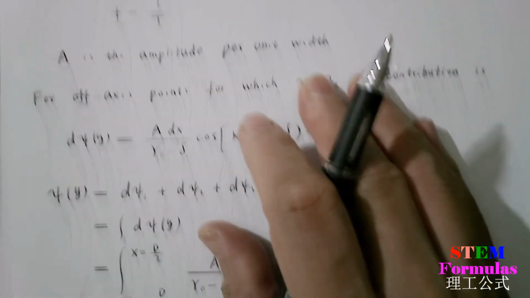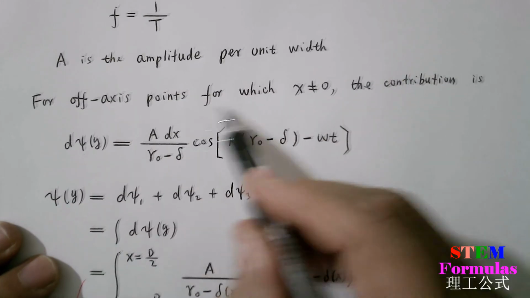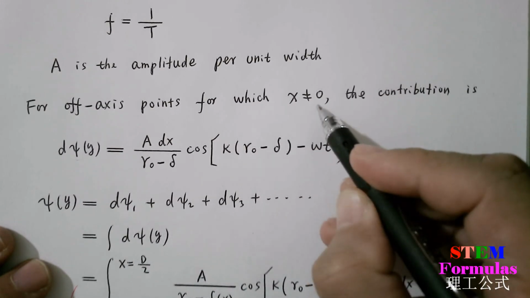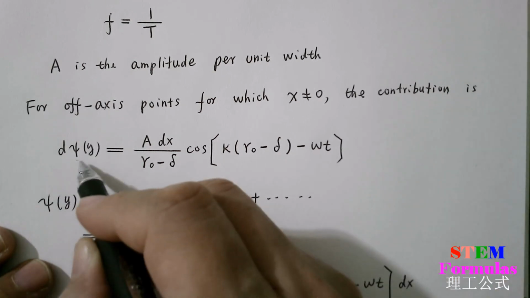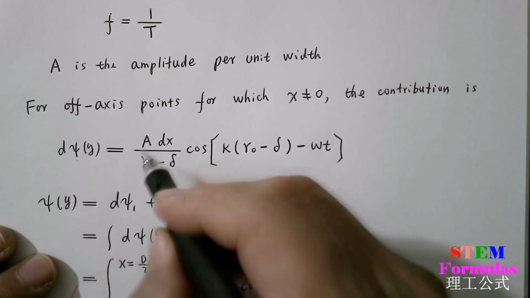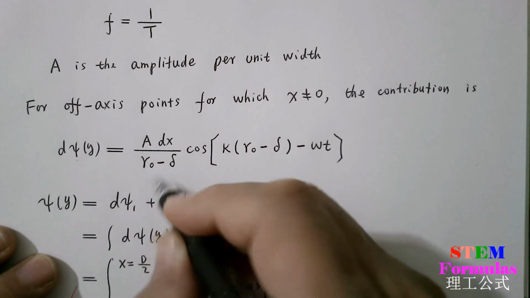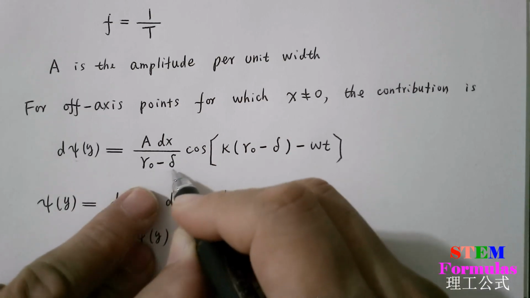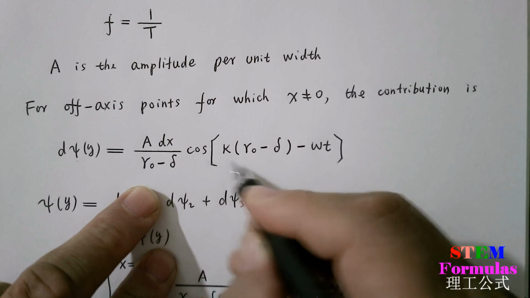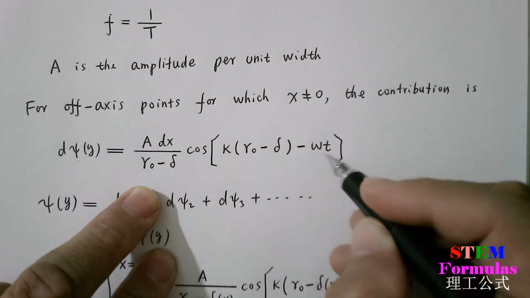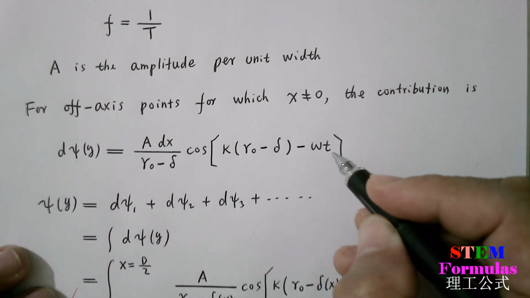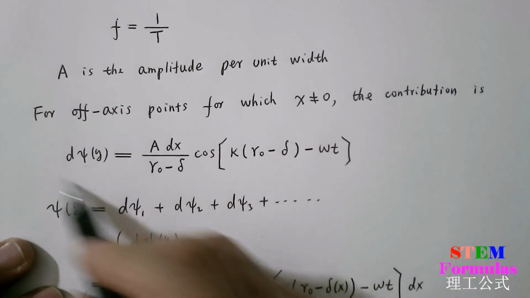Now, for off-axis points for which x is not equal to 0, the contribution is d psi y equal a dx divided by r0 minus delta times cosine k times r0 minus delta minus omega times t.